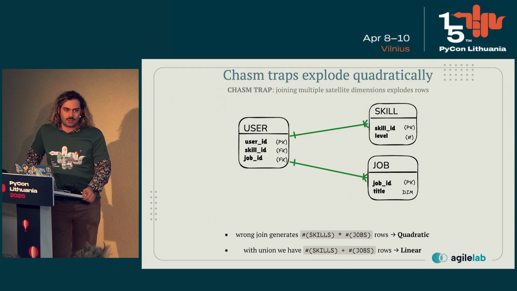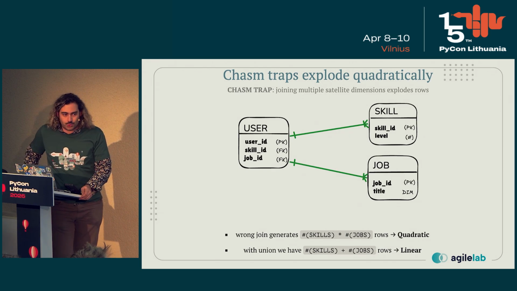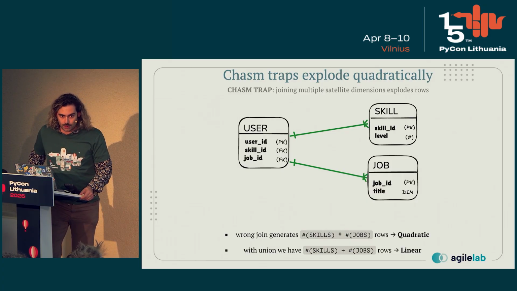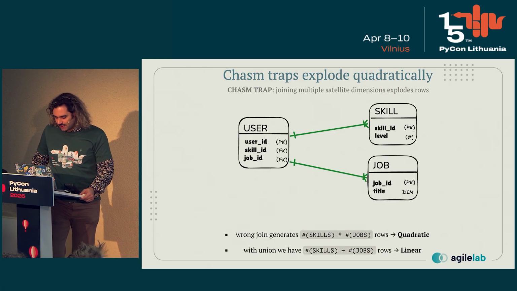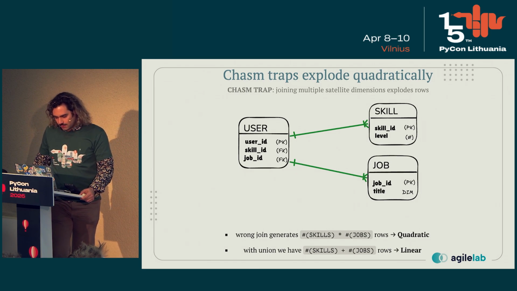If you want to create a reporting table that denormalizes these three into one, if you use join in the wrong form, the worst case scenario is that you are going to have a Cartesian product of the two values. So if a user has n skills and m jobs, the outcome is n times m rows, a quadratic explosion. Whereas with unions, you only have one occurrence of them each time, so at most you get the sum of these two rows, and the growth is linear.